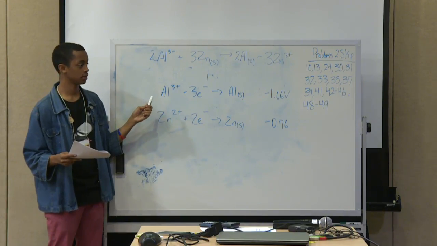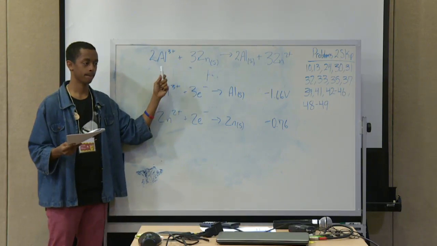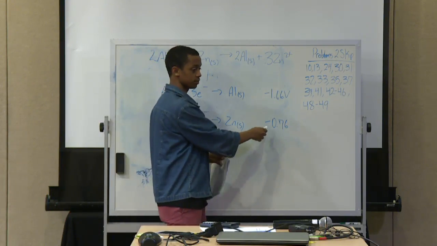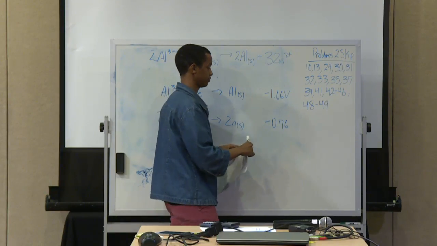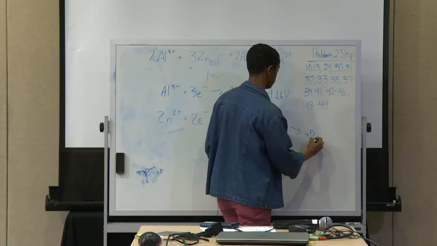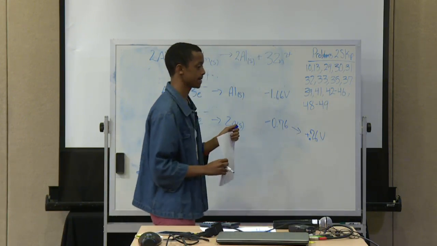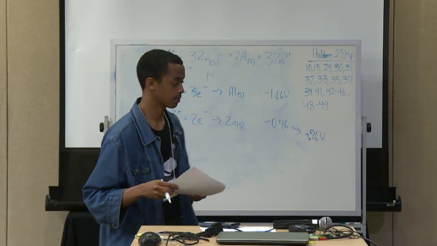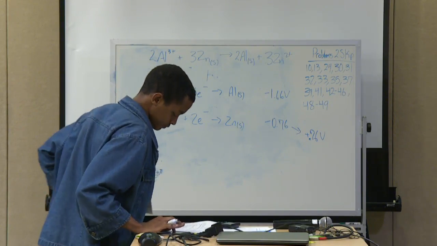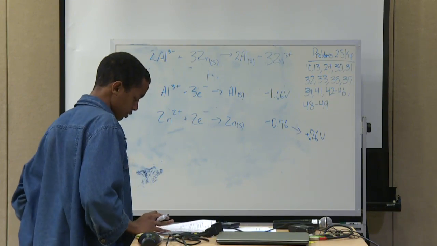It occurs in the opposite direction, right? So if you flip this, then what does this value become? This value becomes positive. And then you do what? Why not multiply, though? Why not multiply by the molar coefficients?